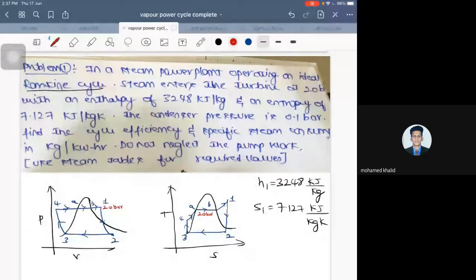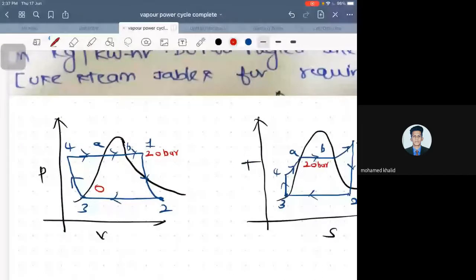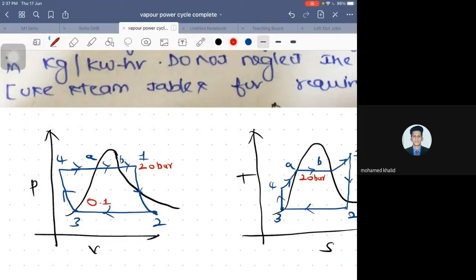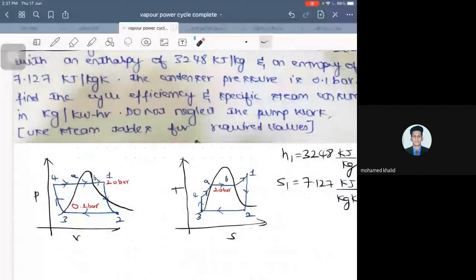Since 2 to 3 is an isobaric process, the pressure at 2 is equal to the pressure at 3. What did he say the condenser pressure was? 0.1. So this is 0.1 bar, which I have taken. Similarly here, 2 to 3 is 0.1 bar. So boiler pressure is 20 bar and condenser pressure is 0.1 bar.